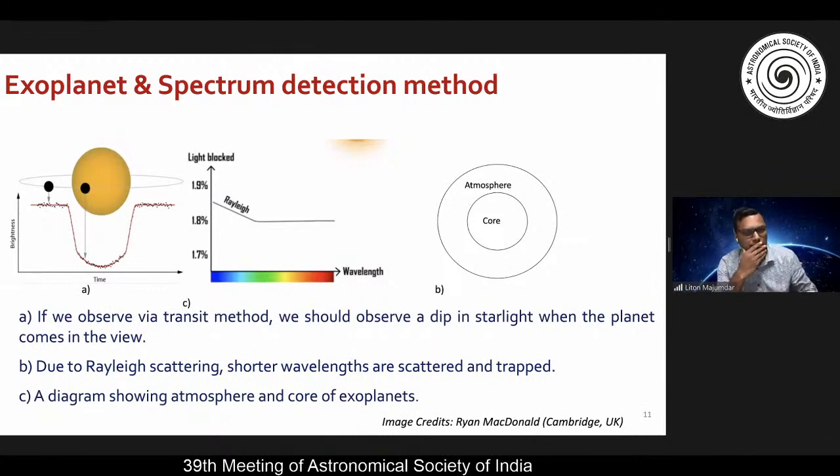So how can one observe the spectra from the atmosphere of those exoplanets? One of the most used techniques in this field is transit spectroscopy. If we observe a planet by the transit method, then we should observe a dip in starlight when the planet comes into view, right? This is basically the transit depth. And due to Rayleigh scattering, we can see scattered light at shorter wavelengths, and that can be used to understand the composition of various planets.